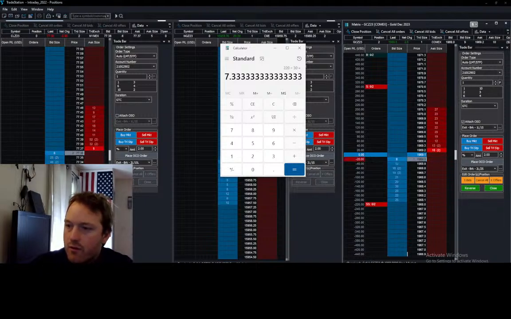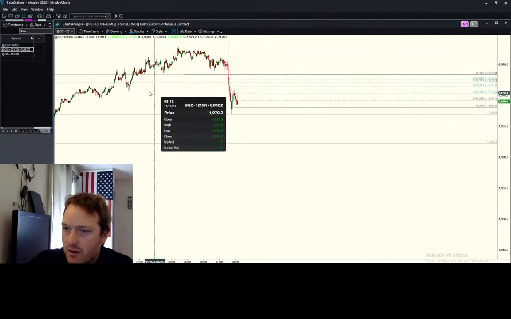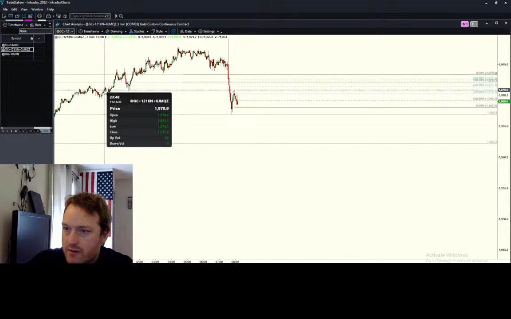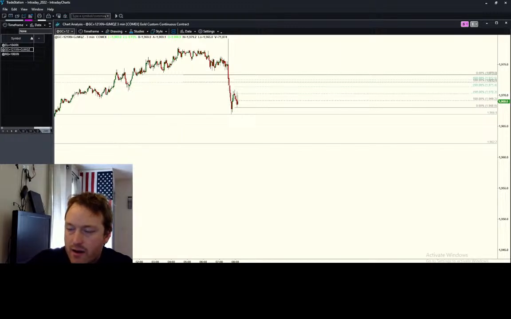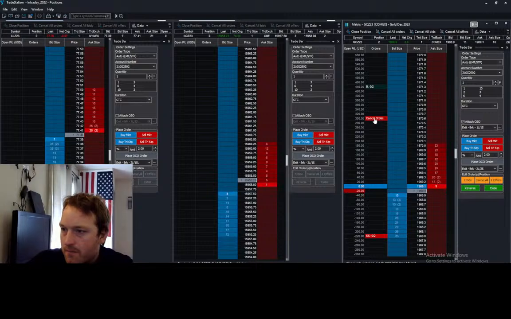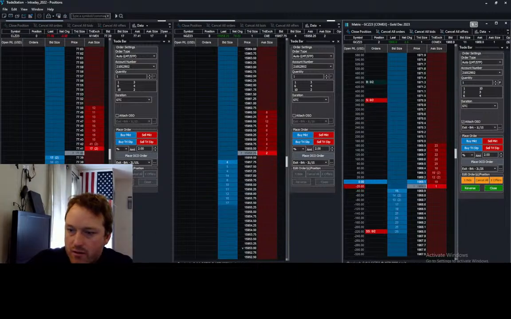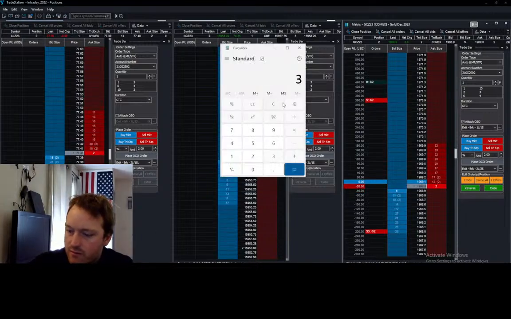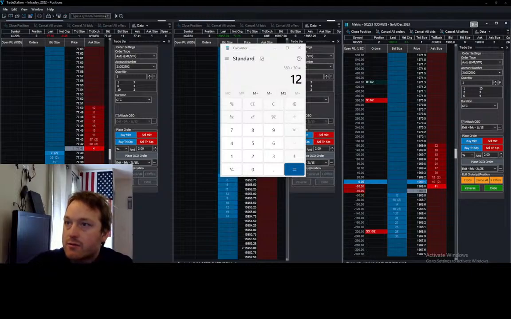I'm going for a 1.5er. 1.5 would mean up here at the break of this high, so that's 70.9, which is $360. So 360 divided by 30, it's about 12 apples. My reward would be going for 1.5.